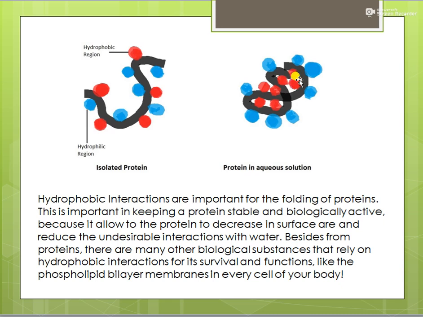So that is a case in which hydrophobic interactions help to maintain the stability as well as the activity of a particular protein.